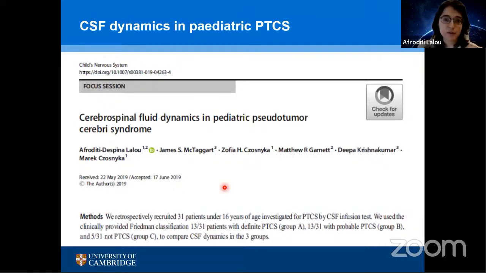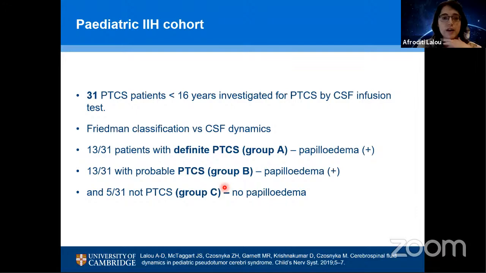So I'm aware this is a webinar. I'm afraid we can't give a whole talk about what we know in pediatric IIH because we don't know a lot. We've only had one little study of 31 patients in Addenbrooke's that we've recently published. So we've studied about 31 pediatric IIH patients presented in our center for evaluation.